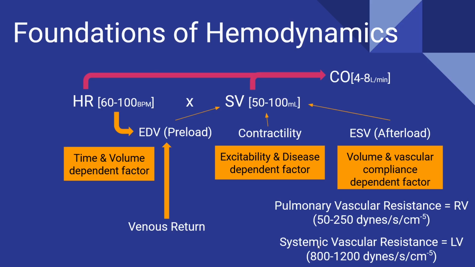So let's say somebody's on a lot of pressors, then you would think that this would be higher, right? The systemic vascular resistance. We're giving drugs to make this number higher.